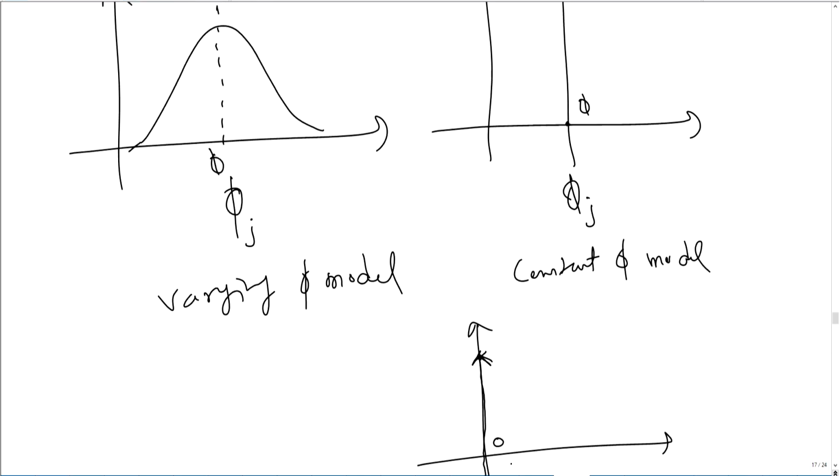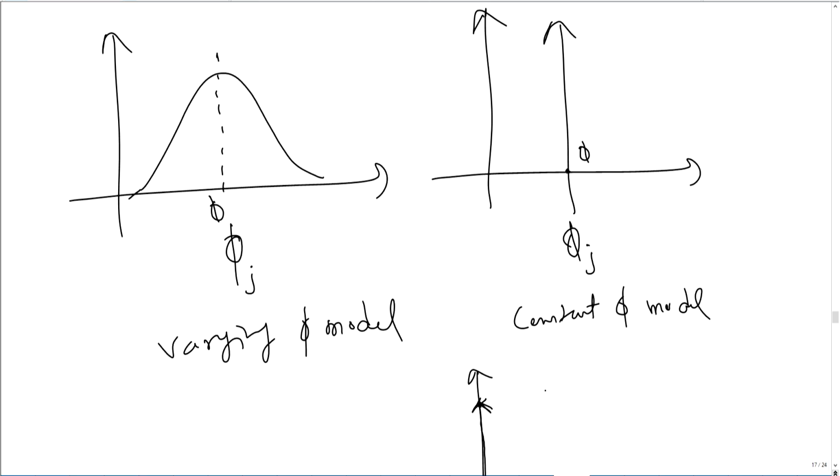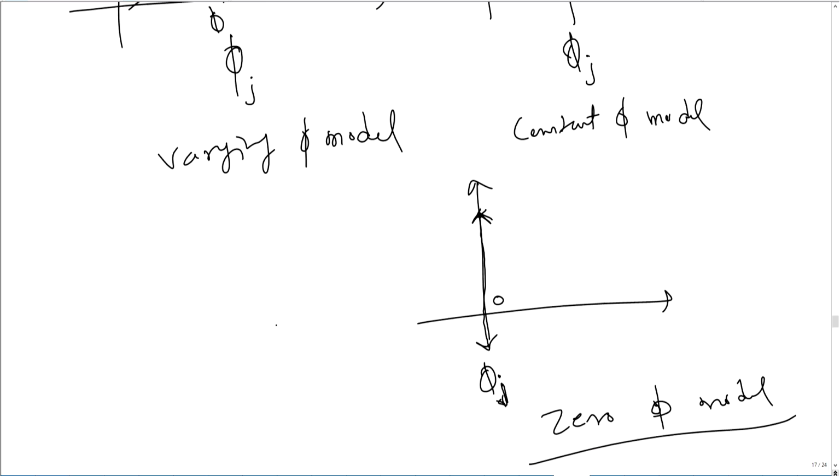So, these three models make different assumptions about how individuals are distributed in the population. In this model, individuals are distributed normally around this parameter, around this population mean phi. In this model, individuals have exactly same value phi. In this model, all individuals at 0 value of phi. Okay.